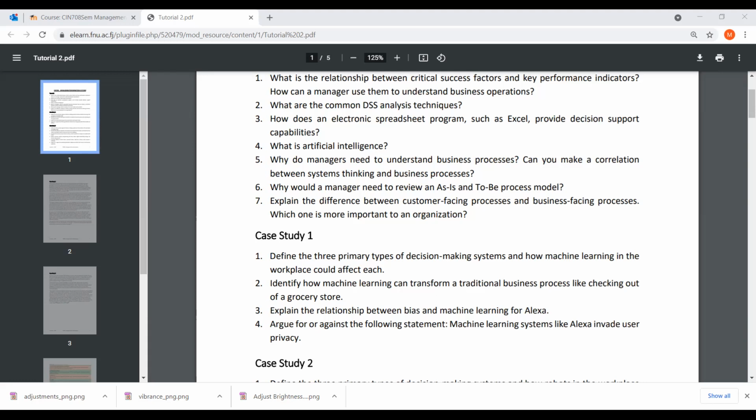Don't use the word technology, just use machine learning. Wearable technologies are examples of machine learning that could be used in workplaces.